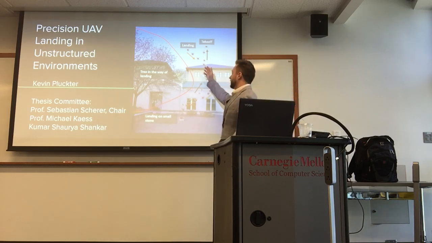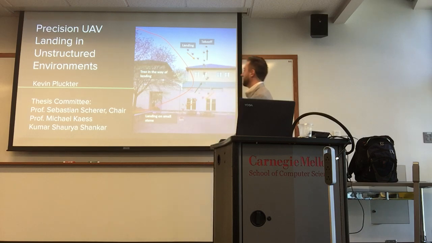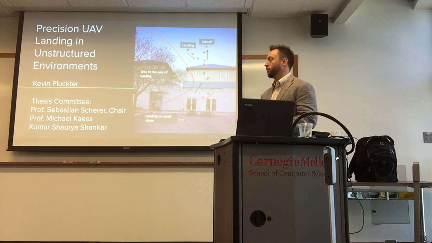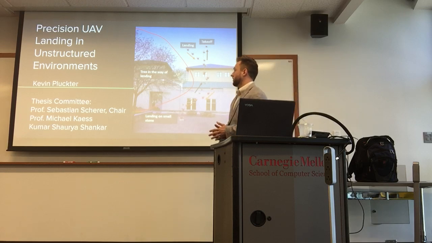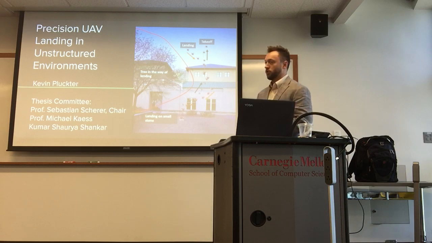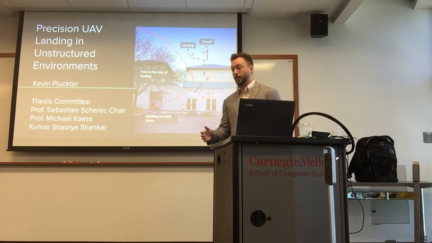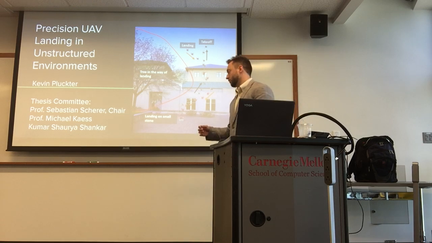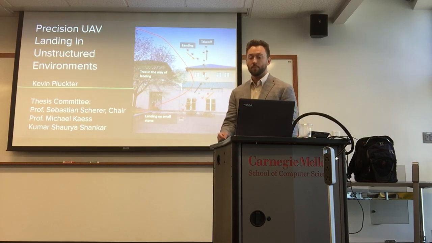It's come back with GPS to the approximate area of the takeoff zone, and we would like it to now land back accurately and precisely where it took off from. So the gist is an accurate, precise return-to-home functionality to get back to this landing block. The unstructured portion comes in in that there is no structure added into the environment that the drone knows about prior to takeoff. So we have no landing pads or other things of that sort to tip off the drone as to where it took off from.